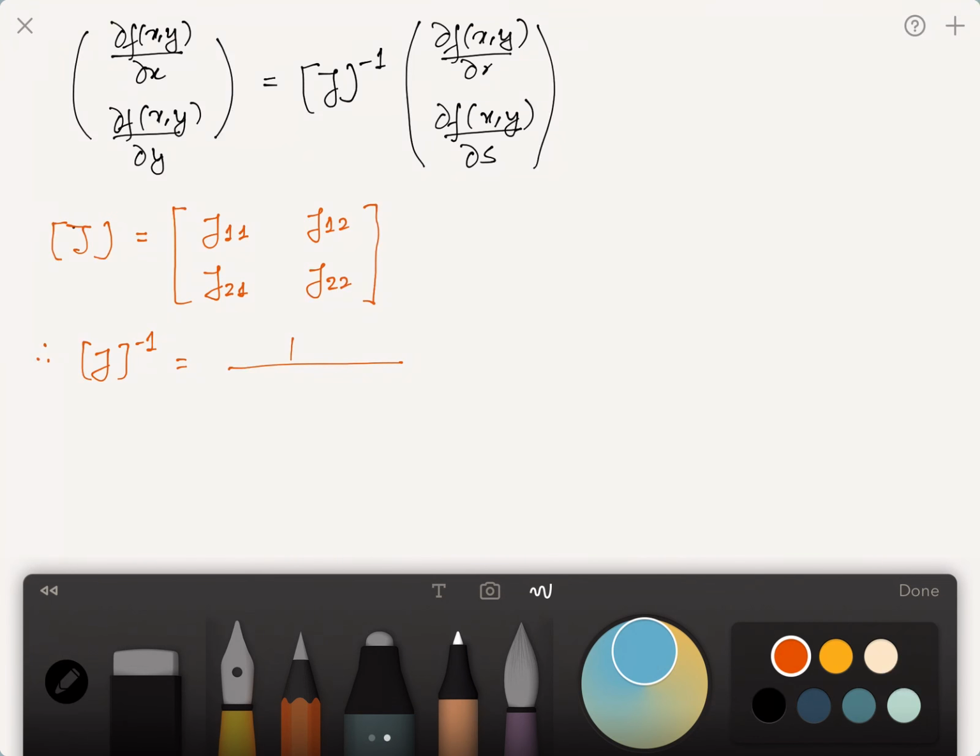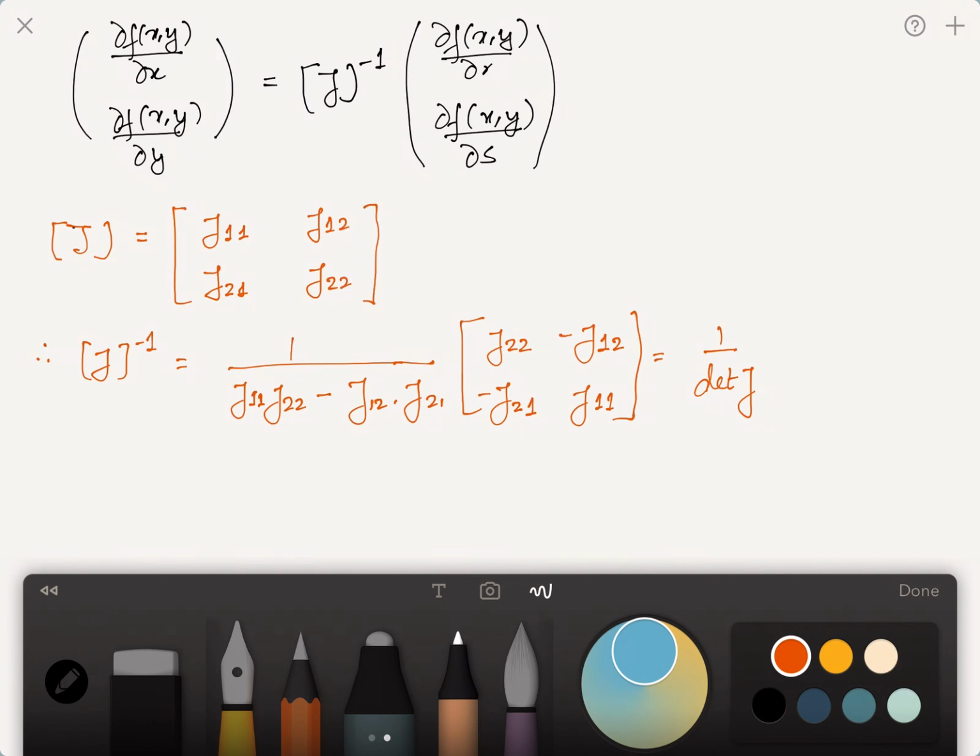You have to write it as 1 by the determinant of J, that's J11 times J22 minus J12 times J21, into the transpose of the Jacobian with minus sign. So you know how to do this, or you can also use tools such as Python or MATLAB to carry out this inversion, and that can be written as 1 over the determinant of J times the matrix that I already put out in front of you. So it's relatively simple.